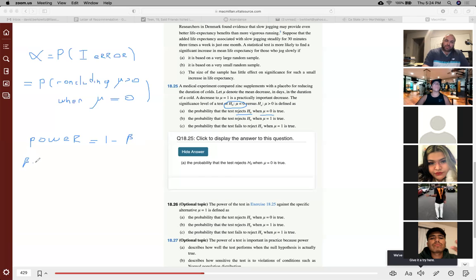Beta is the probability of a type 2 error, which is the probability of not rejecting H naught, of concluding that mu is actually equal to 0 when the null hypothesis is false, when mu is greater than 0.